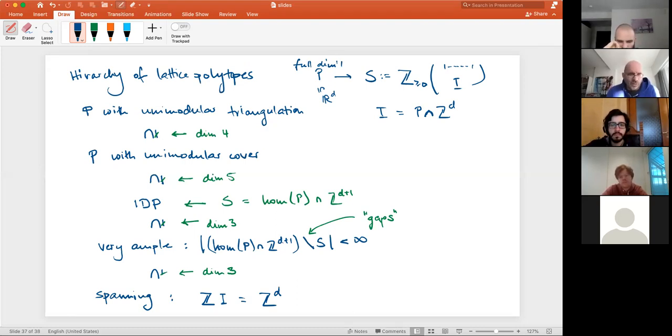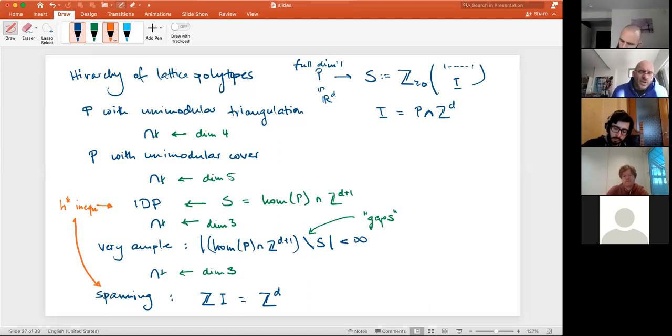This class came up because there were some known H star inequalities that only hold for IDP polytopes. Okay, this was a paper from, I think, the 90s. And so some people looked at these inequalities, and they realized actually you don't need IDP to realize these inequalities. They actually hold for spanning polytopes.